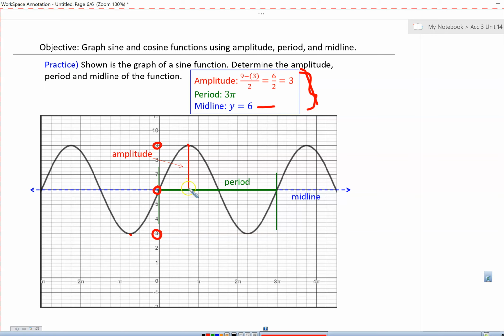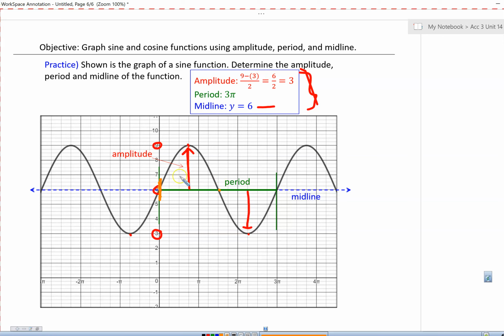And then go up from your midline to a maximum, or from your midline down to a minimum, and count the number of units, which would be 3 units that way. The period in this case, hopefully you came up with 3 pi radians. This is an intercept point. And then I'd have to go past this intercept point because it's not starting to repeat itself.